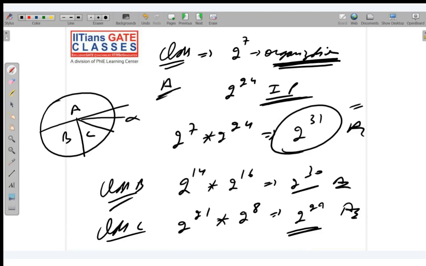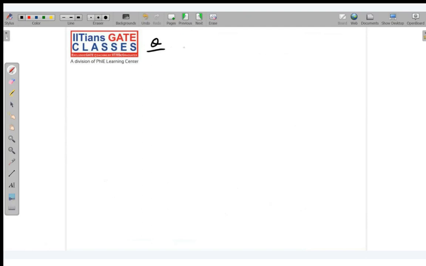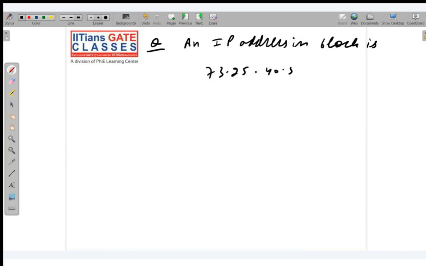type of questions. Done, sir. Done? Okay. So now they will ask such type of question. They will say an address in a block, an IP address in block is 73, 25, 40, 50.